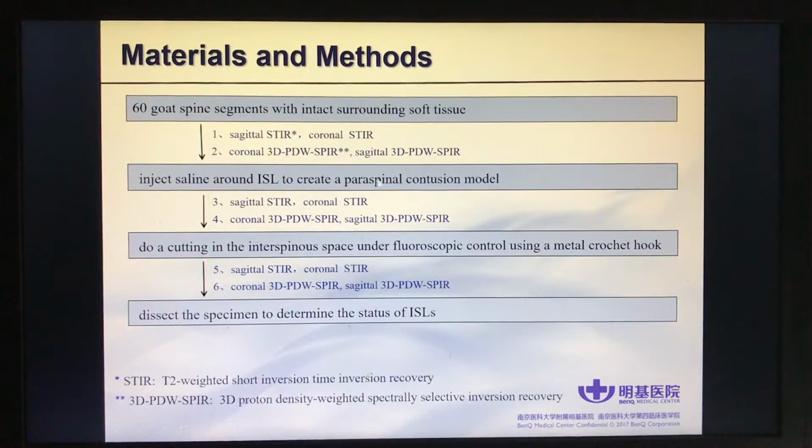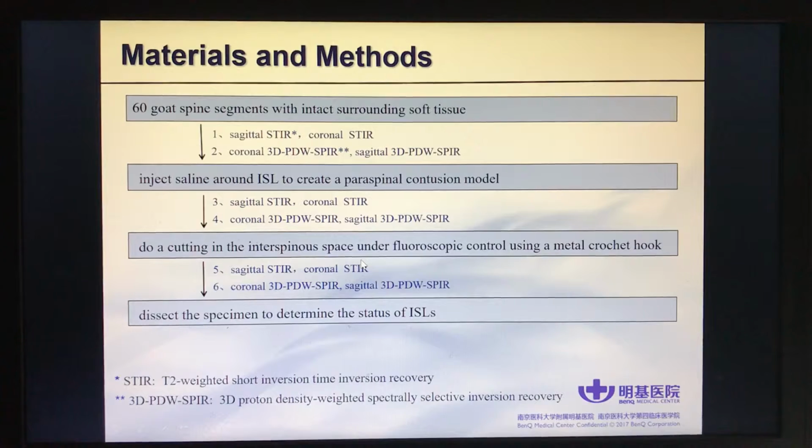Then we created a paraspinal contusion model by injecting 10 ml saline percutaneously to each side of the ISL, but not around FC because FC was not clearly depicted on either STIR images or 3D PD SPACE images. Following saline injection, all the segments underwent repeated MR scanning using the aforementioned MR technique.